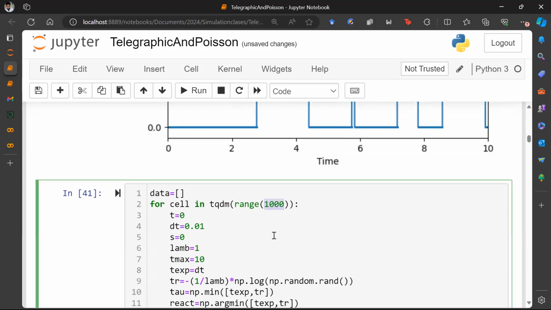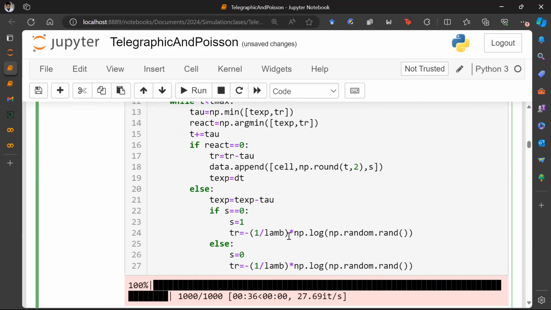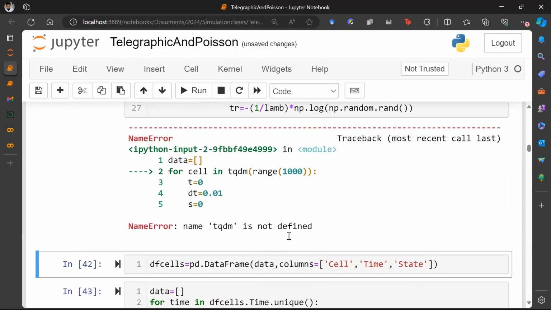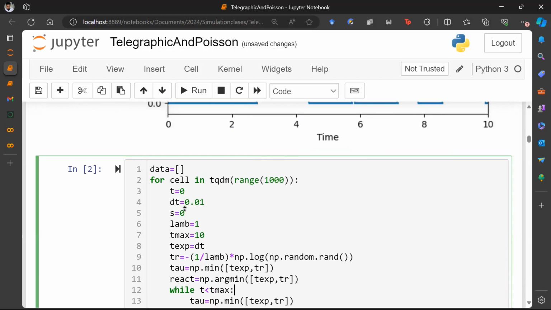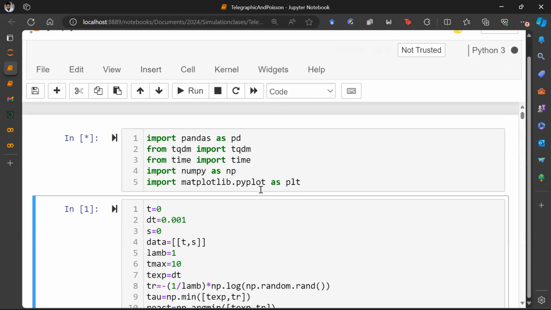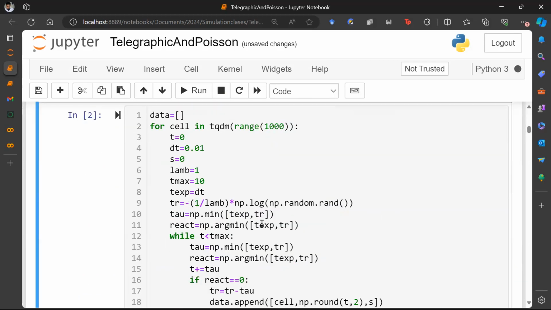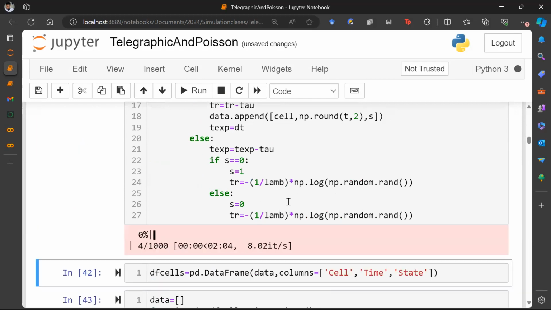I can do this for 1,000 cells, and I save it in a data frame. Similarly, I have to import this. You can check it more carefully from your places and ask me questions in the next session.